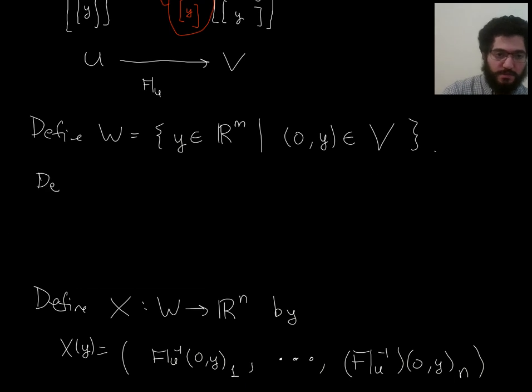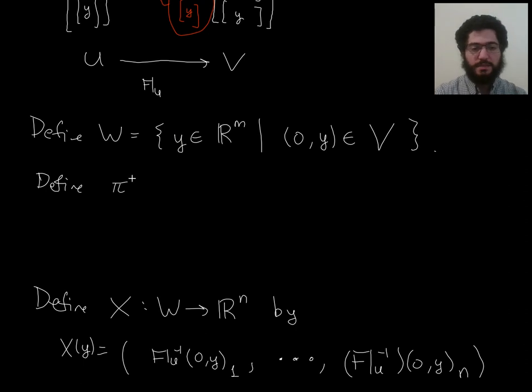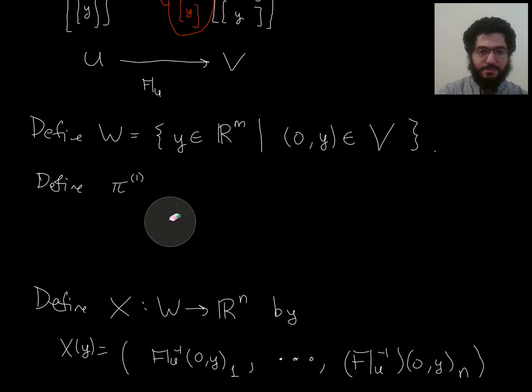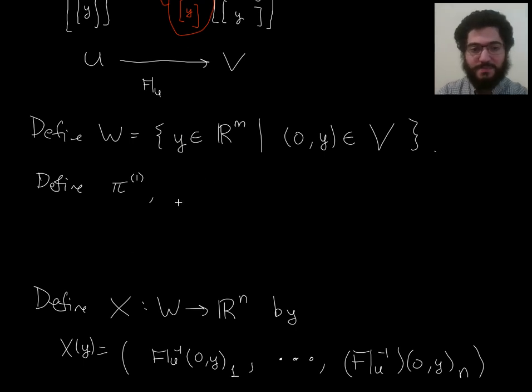So define. Let's see. I'll use the notation pi superscript 1 in parentheses. That should be something that you will not confuse with pi sub 1, pi sub 2, up to pi sub n plus m. Those were our earlier projection maps. Now I'm just going to define two projection maps, pi superscript 1 and pi superscript 2.